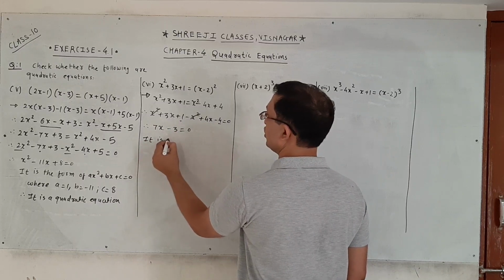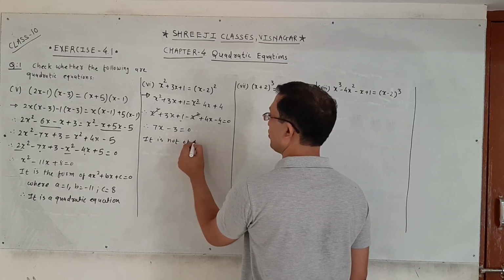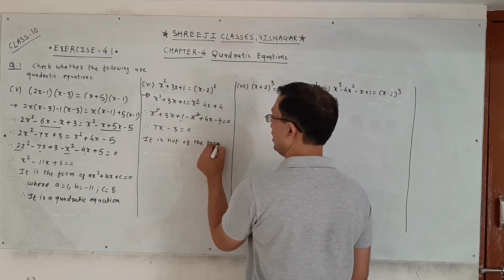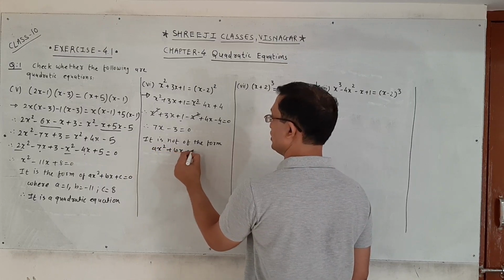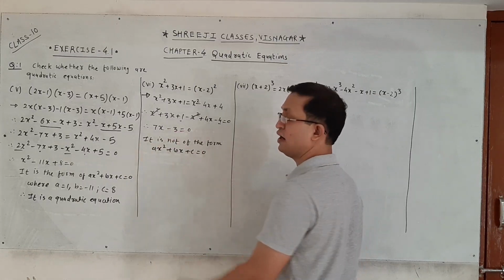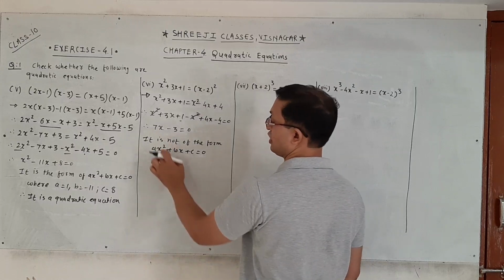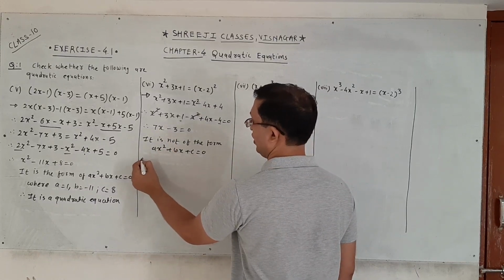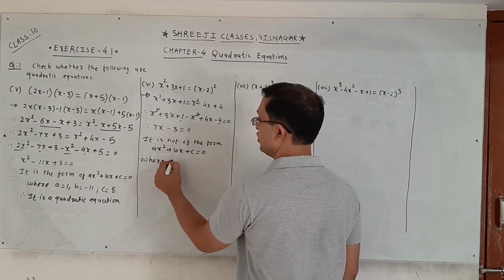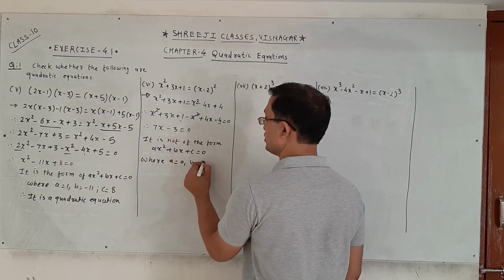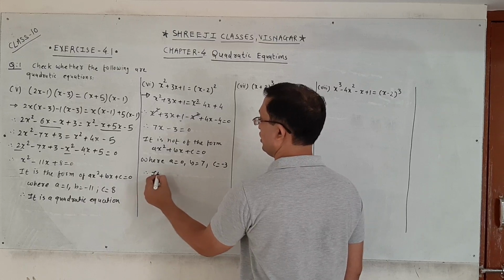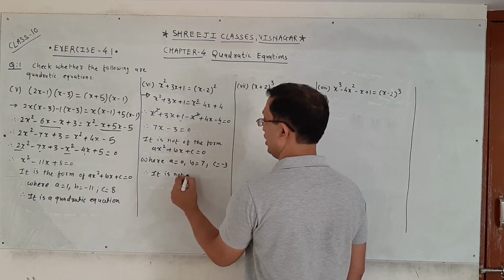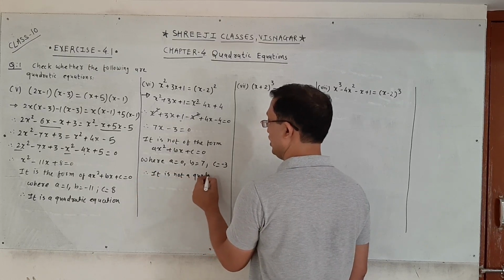It is not of the form ax square plus bx plus c is equal to 0. That is a linear equation because the x square term is not there, where a is equal to 0, b is equal to 7 and c is equal to negative 3. Therefore it is not a quadratic equation.